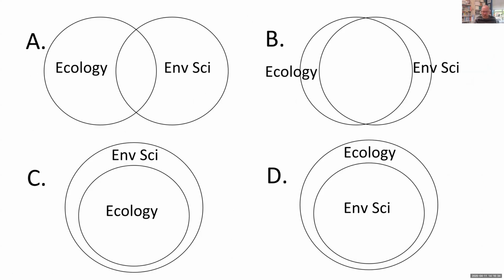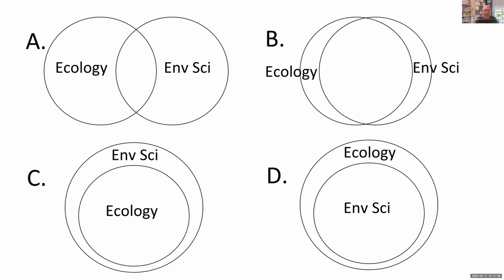Maybe a way to inspire some more conversation, to really delve more deeply into this. So as part of our non-majors working group, we've been thinking a lot about this and came up with this framework, perhaps, as a discussion starter. Not proposing that any of these are the best or right answer, and you can use the chat to vote which of these aligns best with how you view the relationship between ecology and environmental science, particularly in the course context.